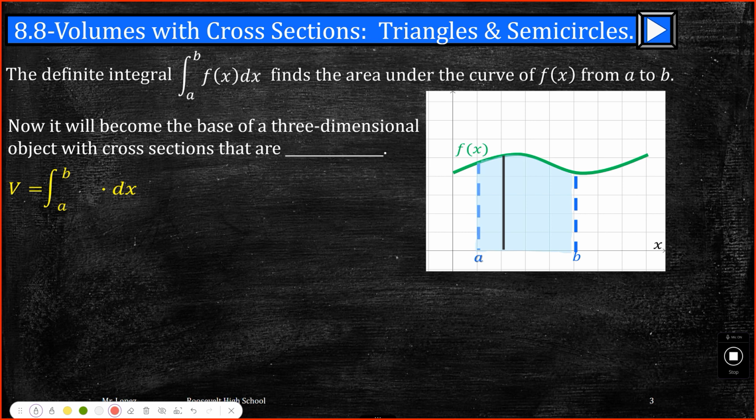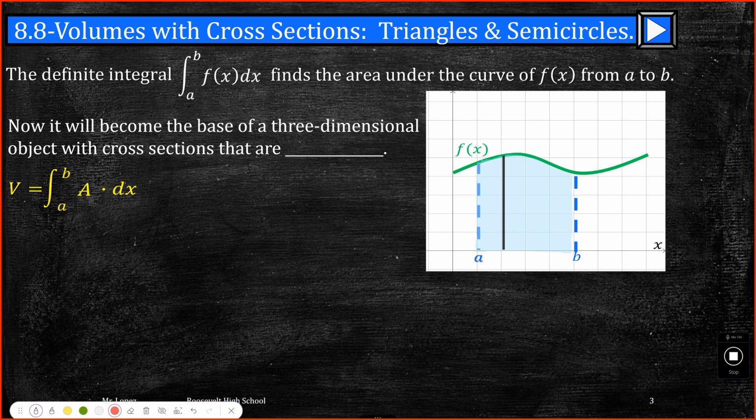If we go dx, the cross sections go dx that way, but if they do dy, it'll be like that. We're doing dx in this one, and you need to know what the areas are.